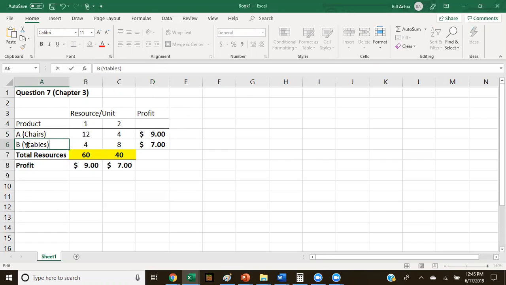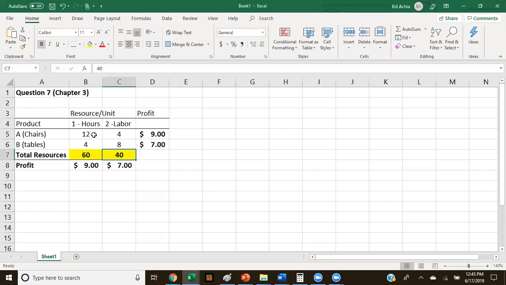Let's assume that our resource 1 is time in hours available to the organization, and our resource 2 is labor, the number of employees available to manufacture a given product. So this basically tells us that our maximum amount of hours available to the organization will be 60. The maximum number of laborers available will be 40.